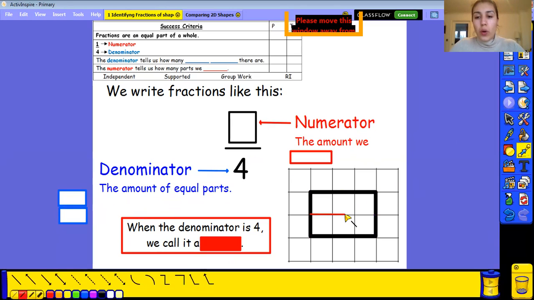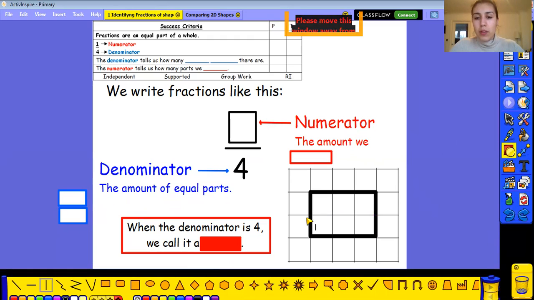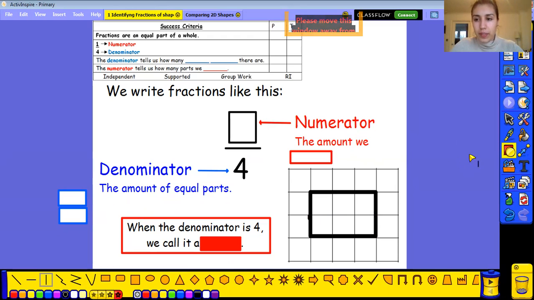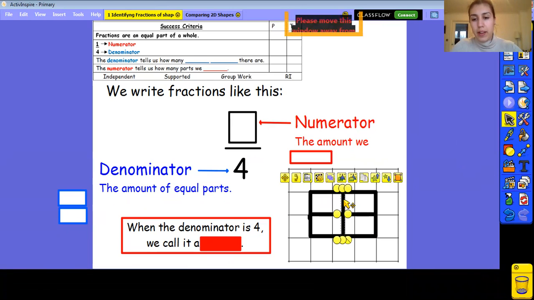So when we do 4 equal parts, what we need to do is we need to half it. And then we need to half it again. There we go. So I've halved my shape and then I've halved it again. So now I've got 4 equal parts.